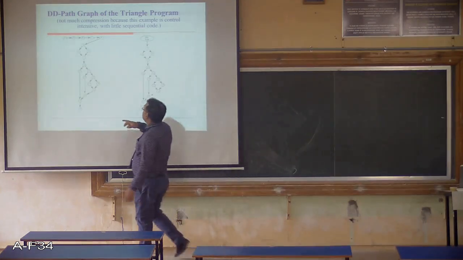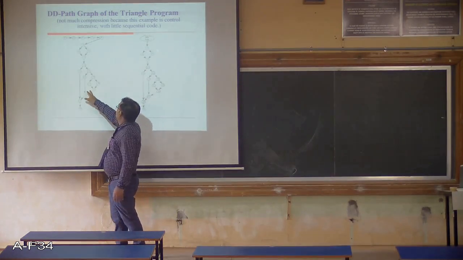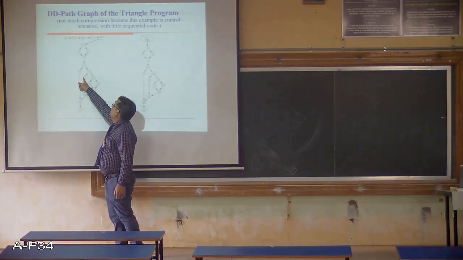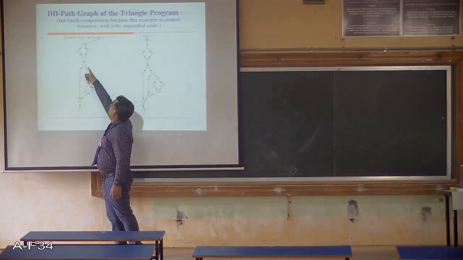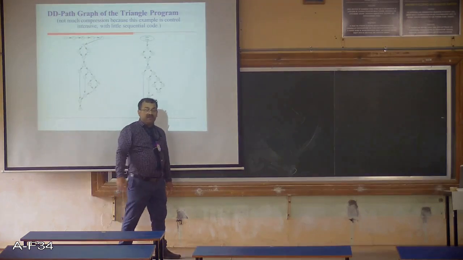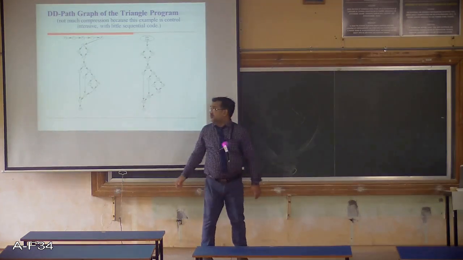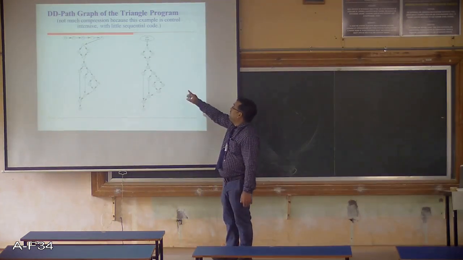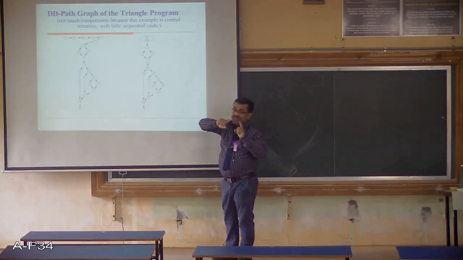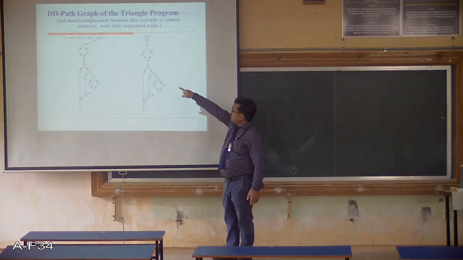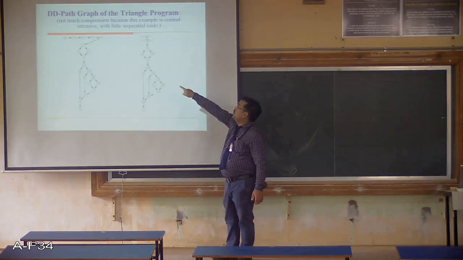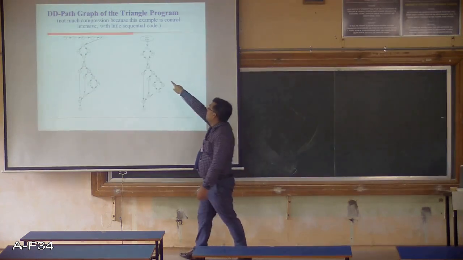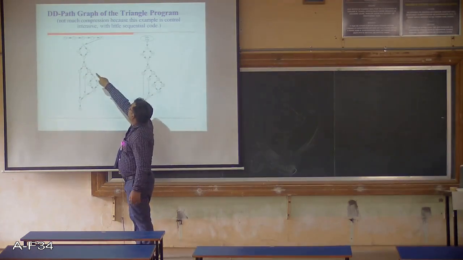So there are some small DDpaths. A DDpath exists here, a DDpath exists here, a DDpath exists here. These are all small DDpaths which cannot be shortened any further. So only one DDpath chain exists, and that is in the first sequence, that is node 4 to node 8.